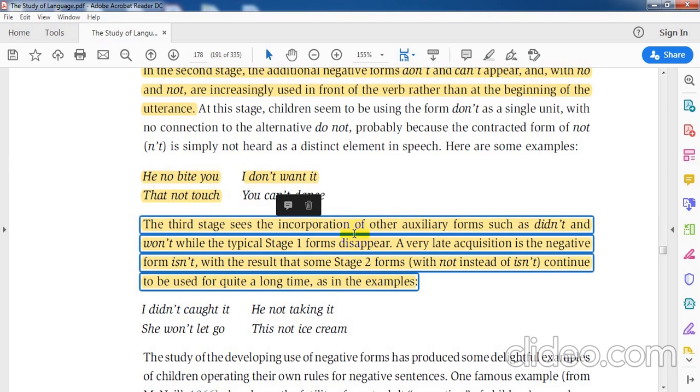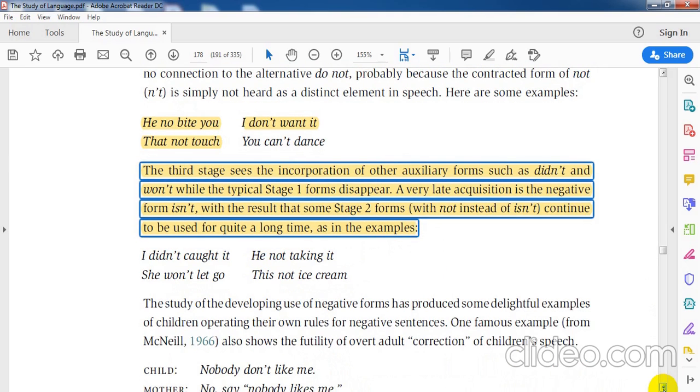Now, the third stage is the incorporation of other auxiliaries like didn't and won't. The first stage and maybe the second stage disappear here, because most children, not all, are going to be able to use a more developed stage in the usage of the negative.